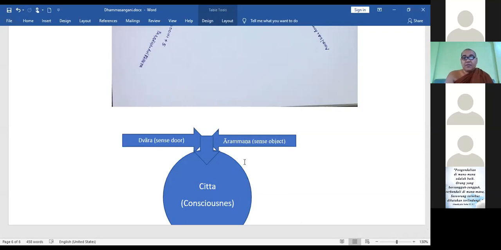There are also many other necessary conditions for consciousness to arise. For example, for eye consciousness to arise, there should be light. Without light, in the darkness, you cannot see anything, even though the door is there and the object is there.